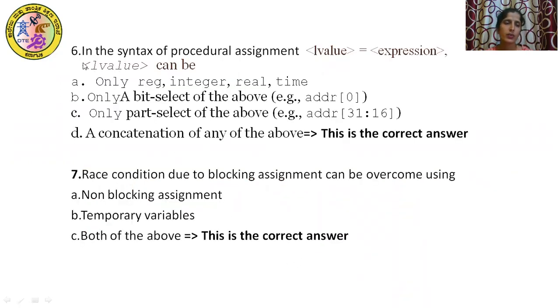So coming to the next question, in the syntax of procedural assignment, L value equal to expression. So what all values can this variable on the left hand side take?